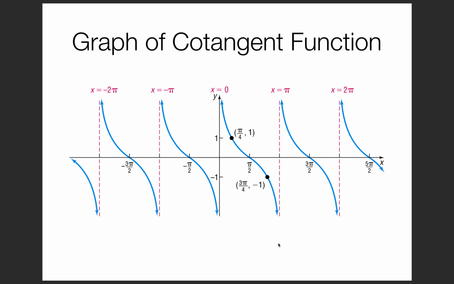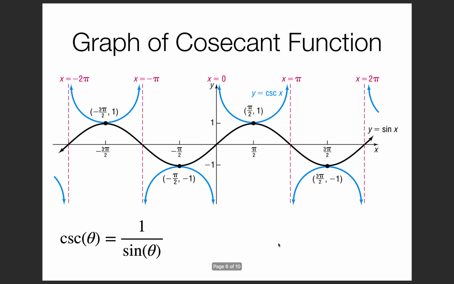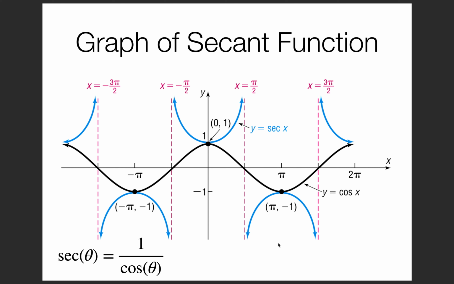But so you can imagine that inverse cotangent is going to work similarly to inverse tangent, and then here's cosecant and secant, and so you can go back and think maybe what they're going to look like as the inverses. Okay?